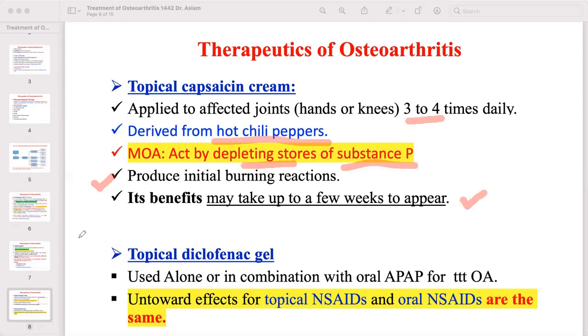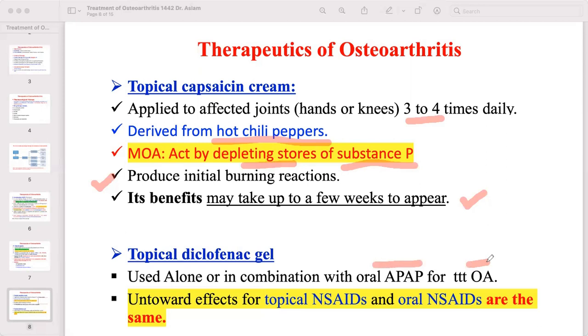And topical diclofenac gel should be used alone or in combination with oral acetaminophen for the treatment of osteoarthritis. So it means topical diclofenac gel should not be combined with other oral non-steroidal anti-inflammatory drugs.